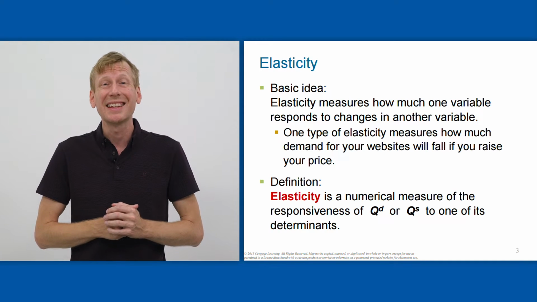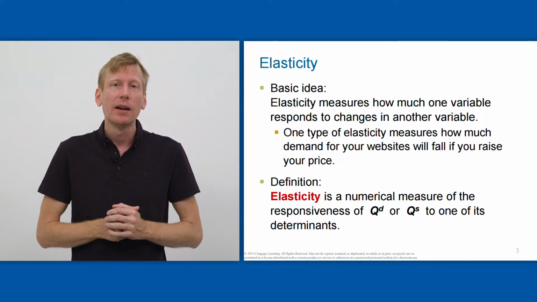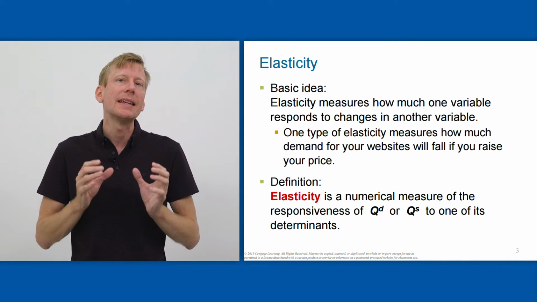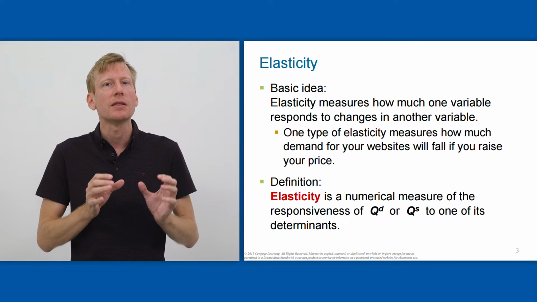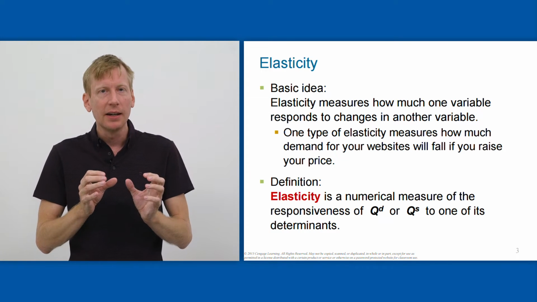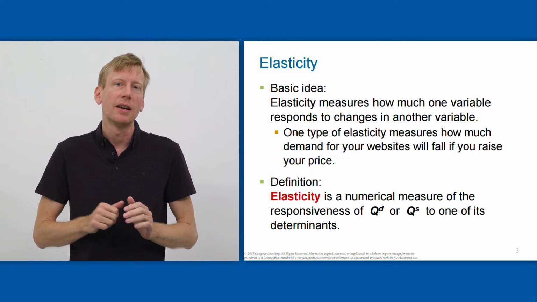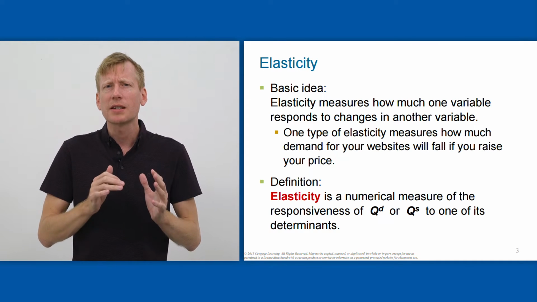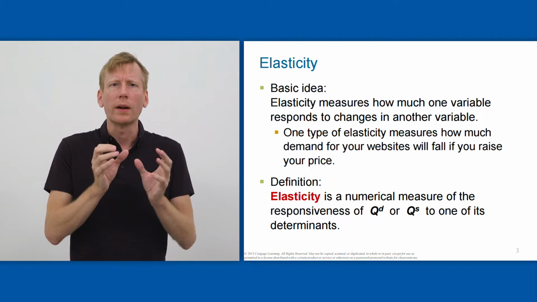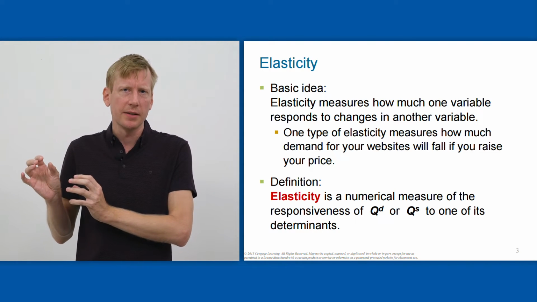Mostly when we just say elasticity, we're talking about a specific elasticity called the own price elasticity of demand. So that's the responsiveness of quantity demanded to the price of the good itself. There are other elasticities, which we'll get into later, which describe the responsiveness of quantity supplied, or quantity demanded, to different determinants.